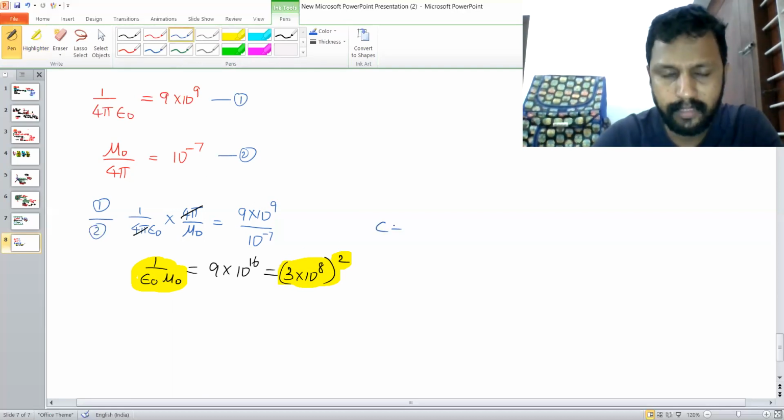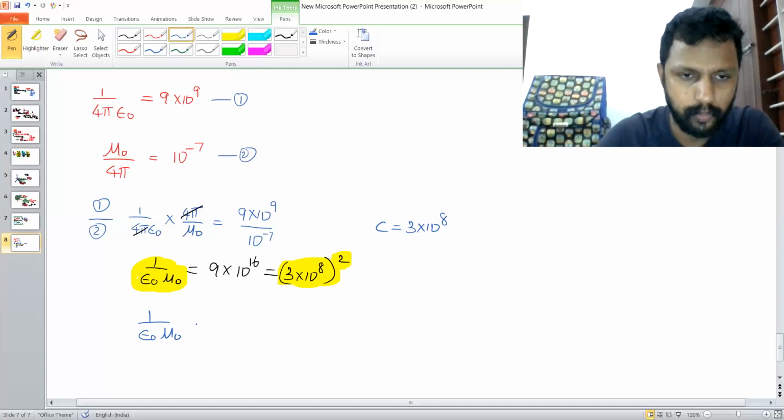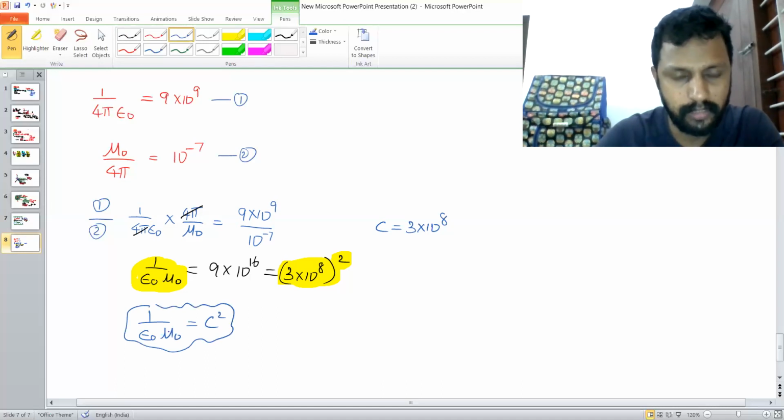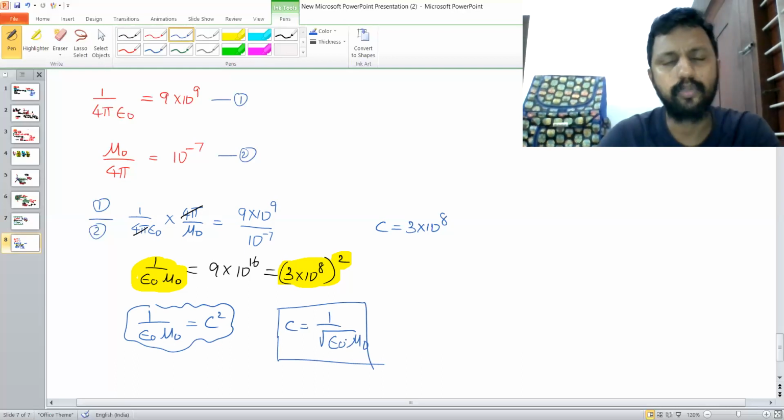Yes, c, the speed of light in vacuum, is 3 into 10 raised to 8. Therefore, 1 by epsilon 0 mu 0 is c square, or c is equal to 1 by root of epsilon 0 mu 0. This is the relation between epsilon 0 and mu 0.